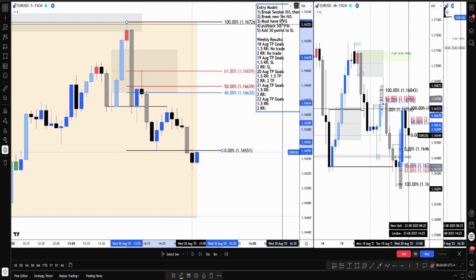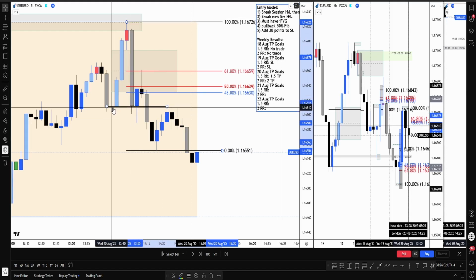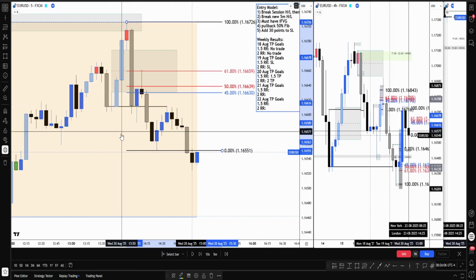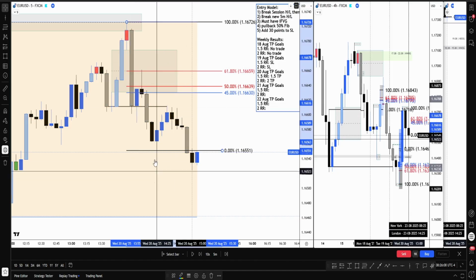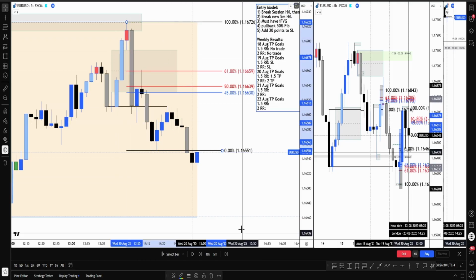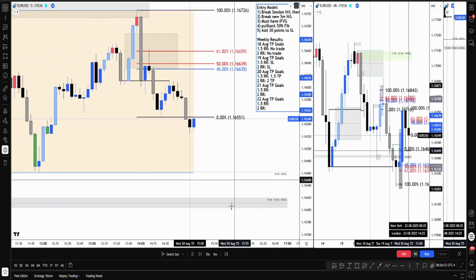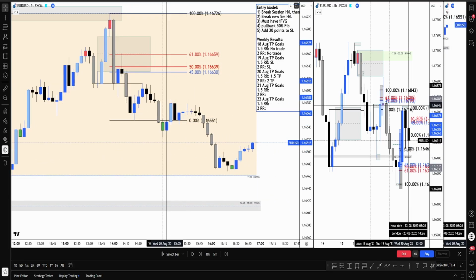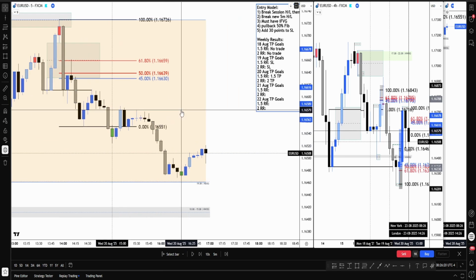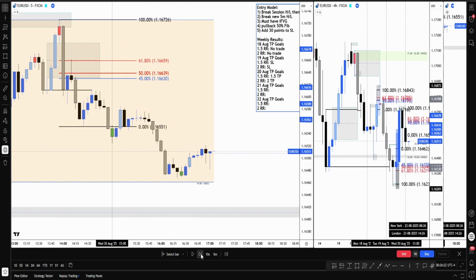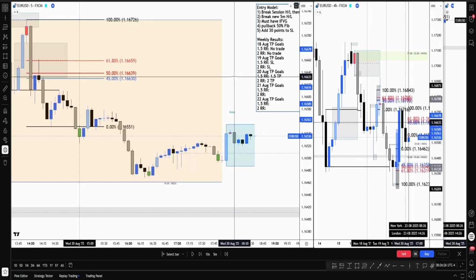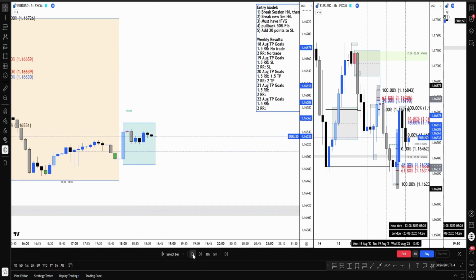Then we have the break of the new higher low. Then we have the 50% fib test, and then we have the sell. Take a look at what happened afterwards. Price just went down. So could we have hit TP? 100%. In any case, let's move forward to Wednesday.